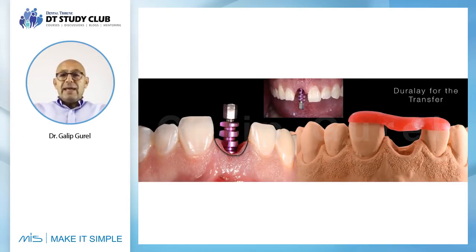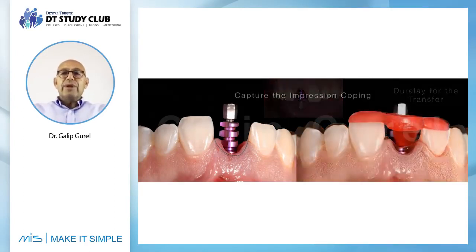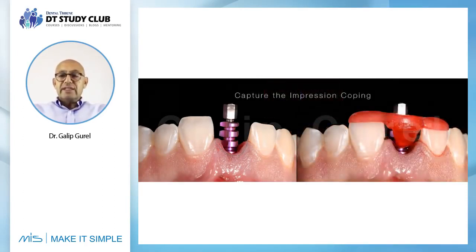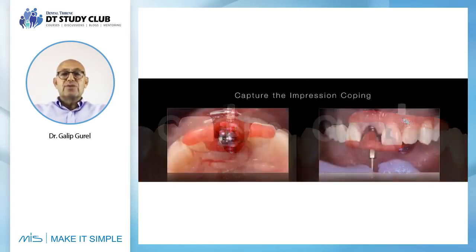So if we go back to what we did in the lab, this is the Duralay that we prepared, as you can see. Once the impression copying is placed, we attach it and capture it over this Duralay.